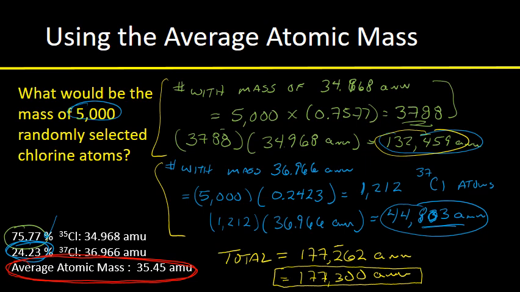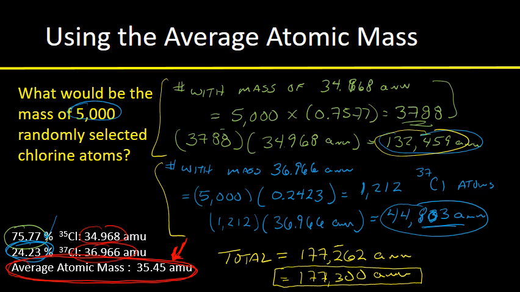But if we've got a whole bunch of them, then we can assume that the probability is going to kind of even out so that we'll get a statistically weighted sample, and about 76% of them are going to have this mass, and about 24% of them are going to have this mass, and so we can just use the average mass here, right?